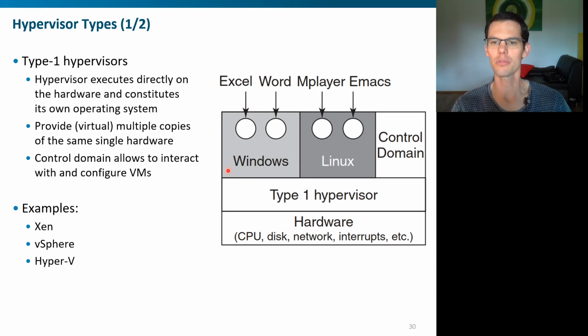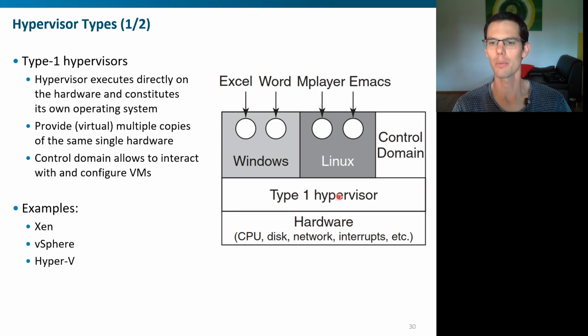Whenever these systems need to access hardware in a sensitive way, they have to go through the type 1 hypervisor, which can thereby guarantee safety. So for hardware like CPU, disk, and so on, the type 1 hypervisor is always in between and can negotiate which VM can use which resource.